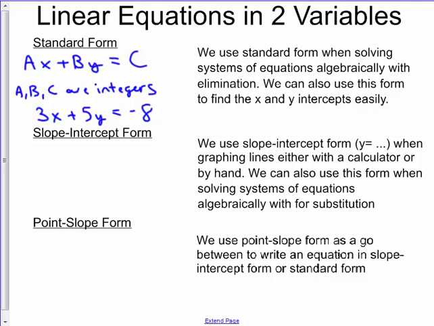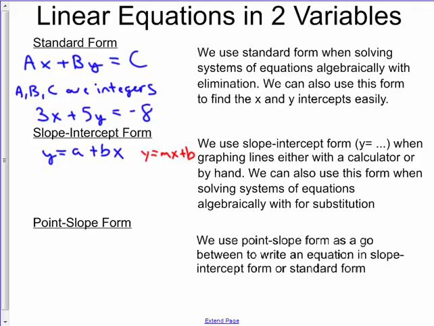Slope-intercept form. This is the form you're probably most familiar with. Now there's a couple ways we can write it. We can write it as y equals a plus bx, or more traditionally, you may have seen it as y equals mx plus b. Either way, I don't care which one you use, it doesn't matter to me.